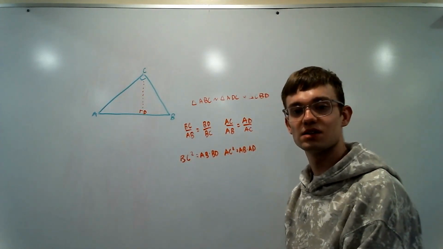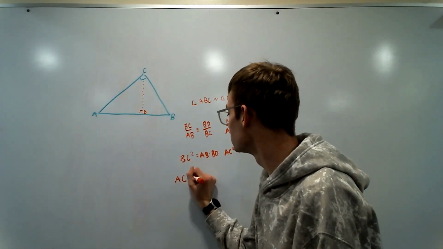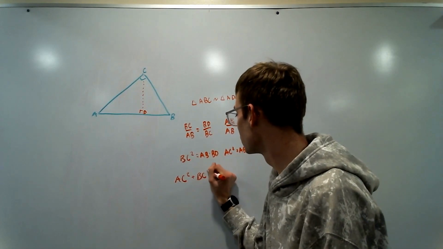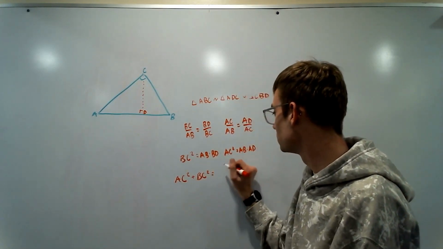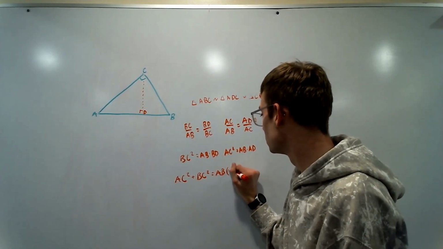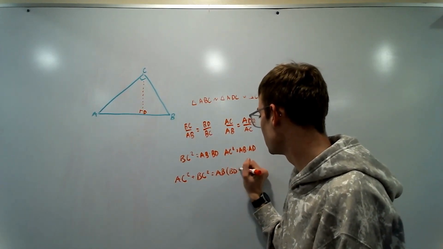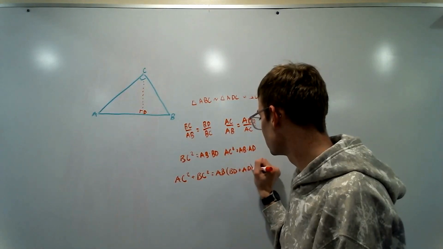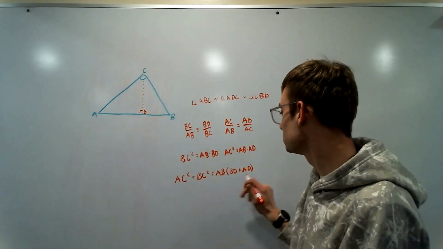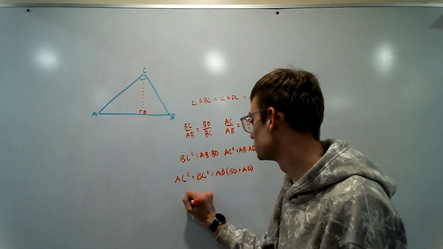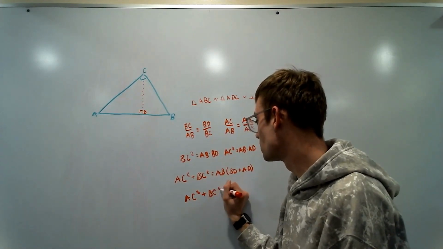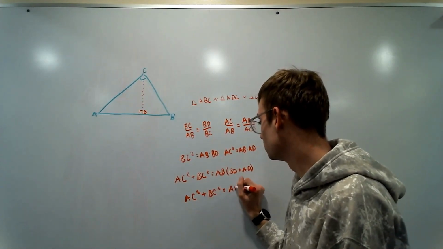Well, if we simply add these two together, AC squared plus BC squared equals AB times BD plus AD. You can factor it out like that, but BD plus AD is just AB. So we have AC squared plus BC squared equals AB squared.